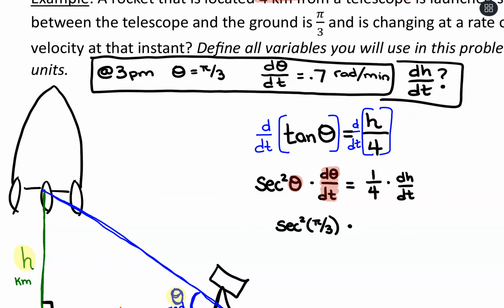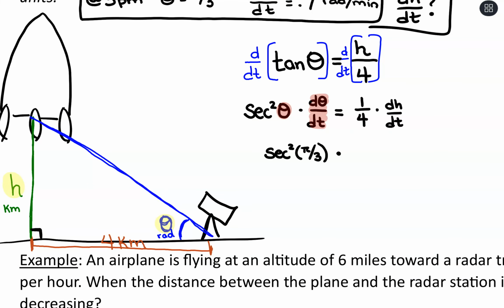And when I go to plug in, I just double check positive versus negative, and this angle is in fact growing. As the rocket goes up, that angle is going to get more and more, so that is a positive 0.7. Equals 1/4 dH dt.